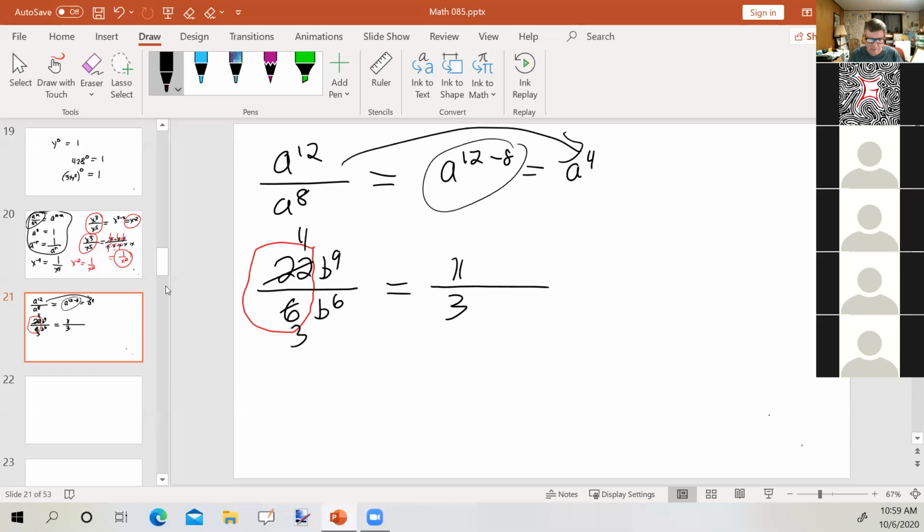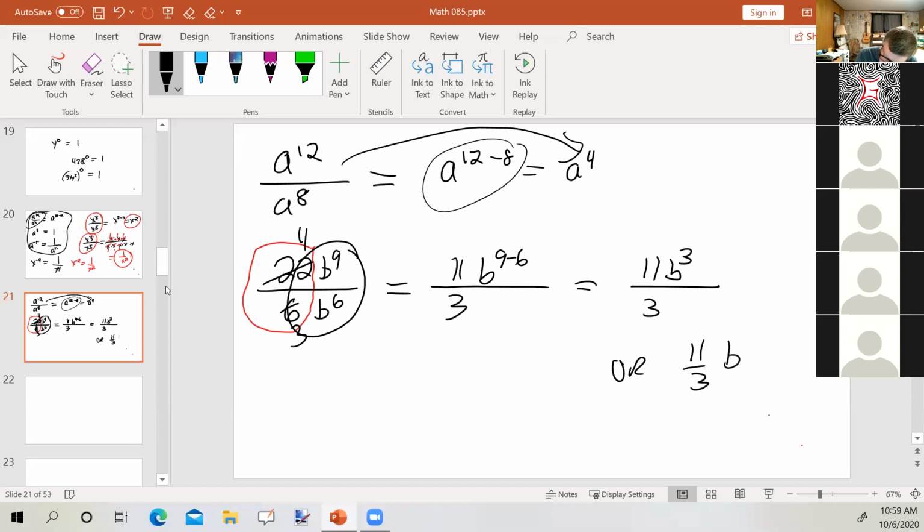Okay with that? And then b to the 9th over b to the 6th would be b to the 9 minus 6. So we get 11b cubed over 3. Or you could write it as 11 thirds b cubed.